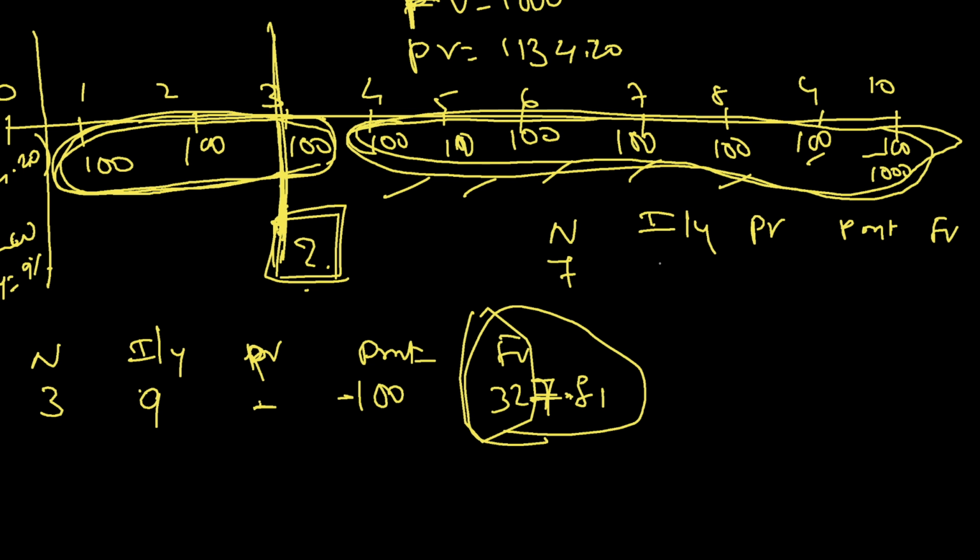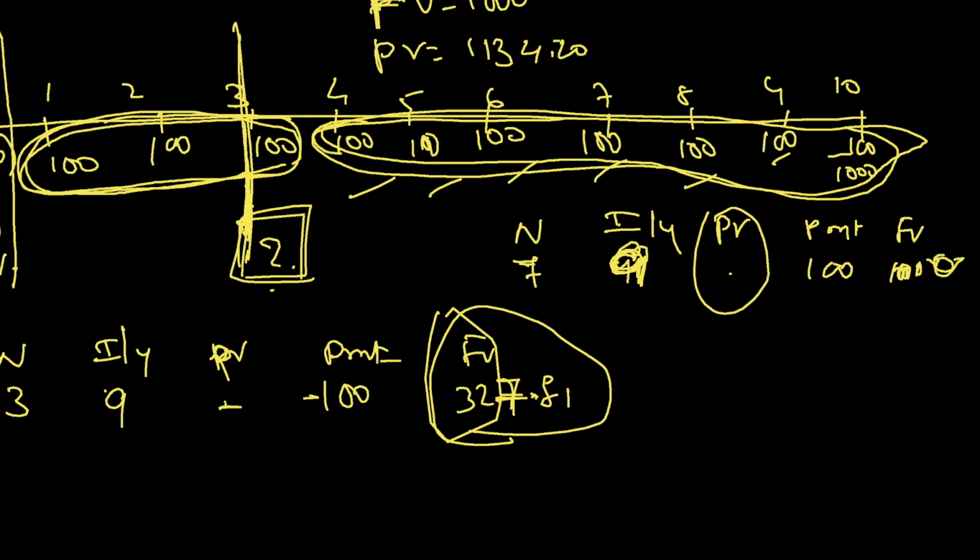So 7. IY is, it will be reinvested at 9 percentage. Present value is what I need to find out, and then payment is 100, and then future value is 1000.